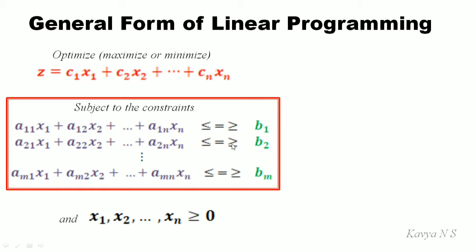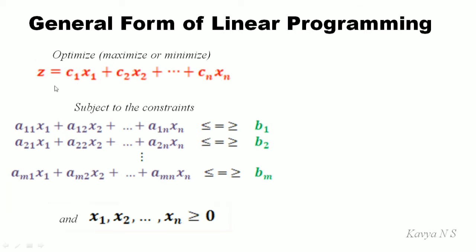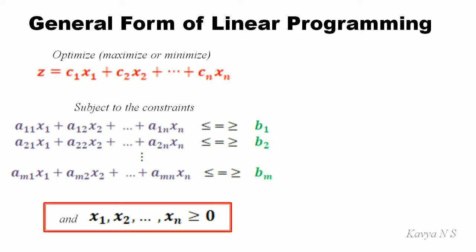It means it can be either equality or inequality, that is less than or equal to or greater than or equal to. We have to choose such x that satisfies these constraints and gives optimal value for the given objective function. This we call as non-negativity restriction. Non-negativity means it should not be negative.